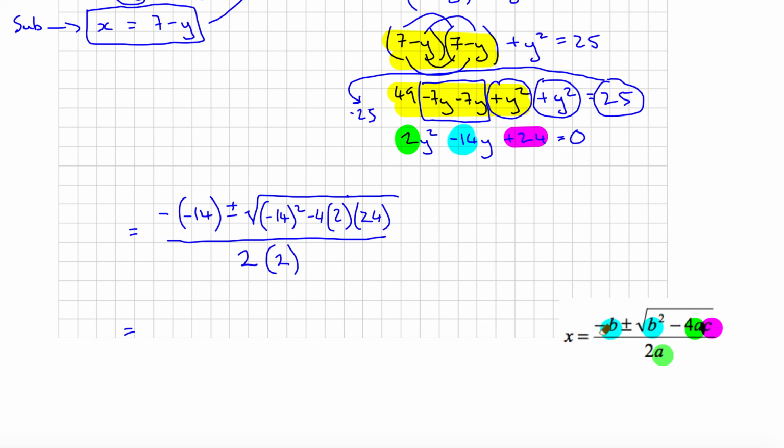Even though this from the tables book says x equals all of this, that's for a quadratic in x. This is a quadratic in y, so we're actually finding out y's here. So once with plus, once with minus, the two answers you get are 4 and 3. So they're my two y values, 4 and 3. So my two y values, I found them.